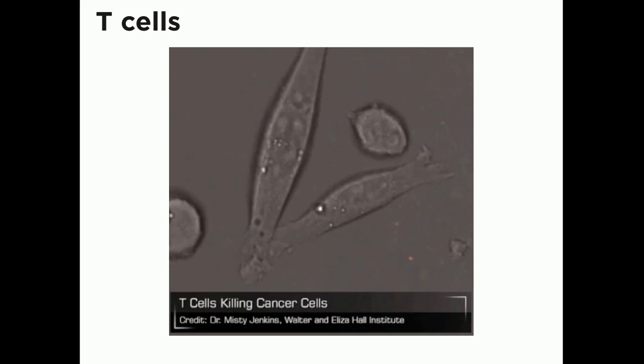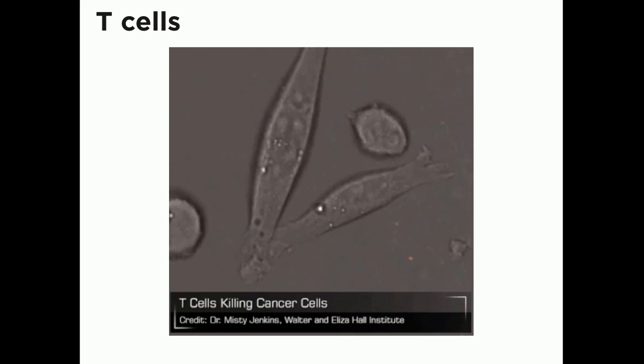So I'm a T-cell biologist, and obviously I think T-cells are the most important things in the immune system. And basically, long story short, T-cells are the mastermind of the adaptive immune system. You can think of the adaptive immunity as the part of the immune system that learns from bugs that it sees and infections that it's seen in the past and uses that to create robust immune responses.